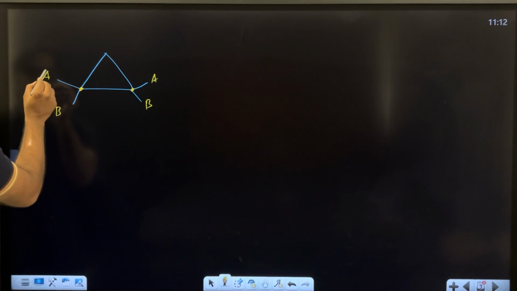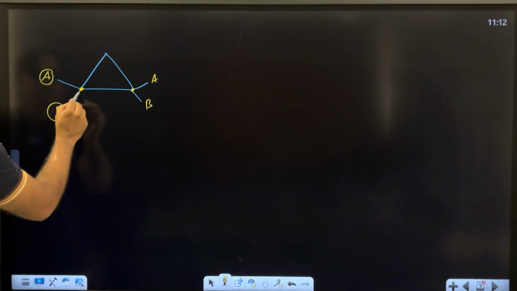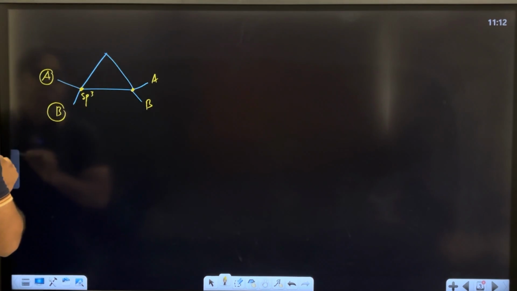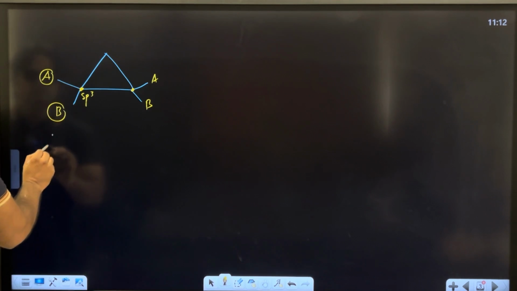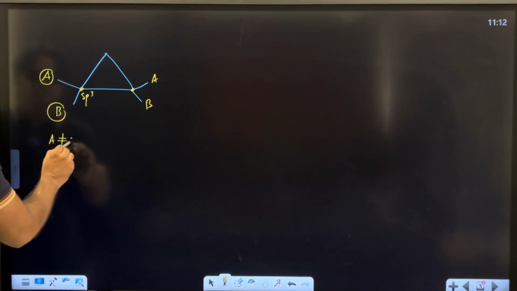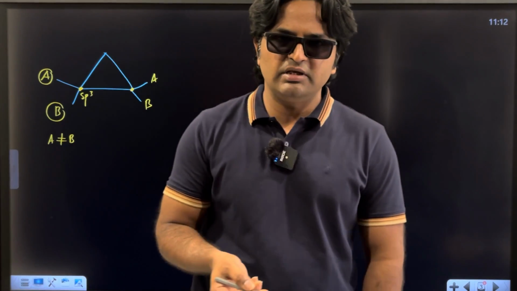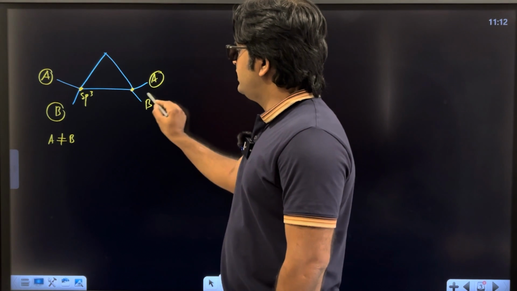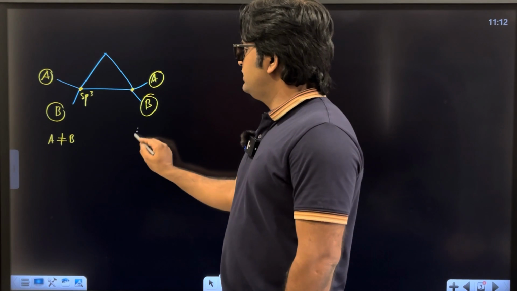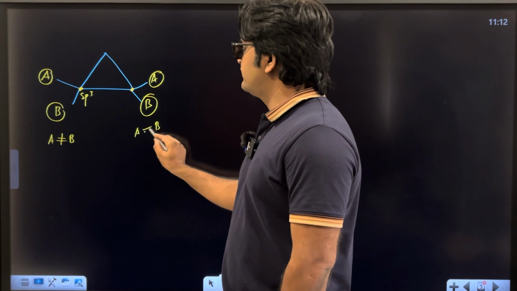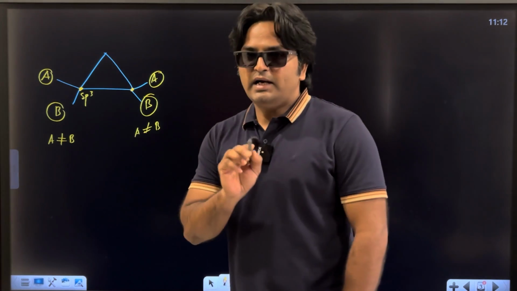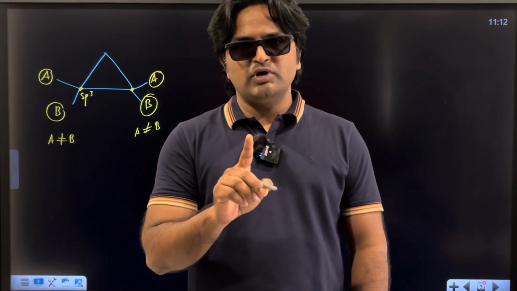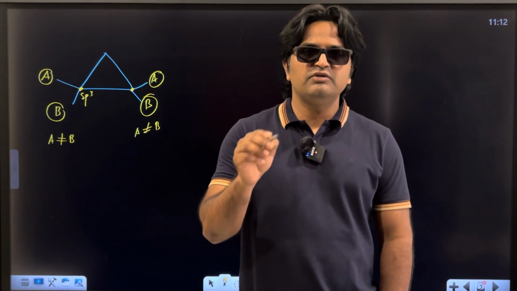For example, if you compare A and B on this sp3 carbon atom, are these two the same or different? A is not equal to B. They are different from each other, they are not identical. And on the right side, again we have A and B substitution. Again these two groups are different, okay?